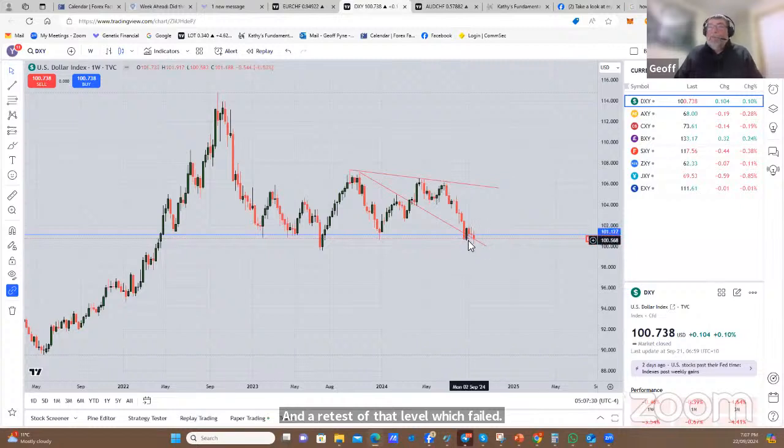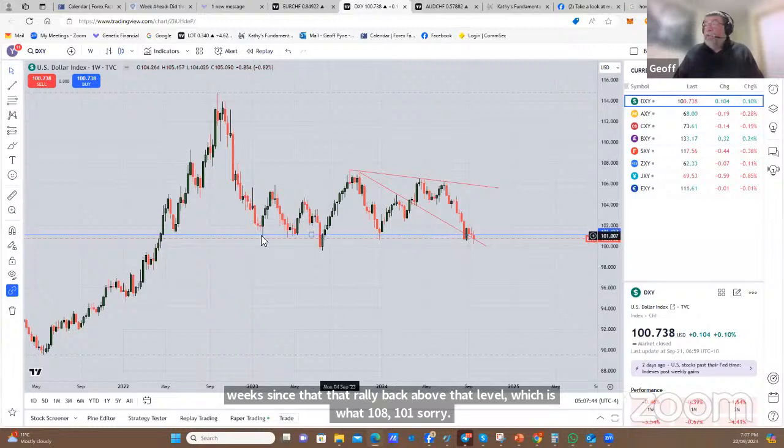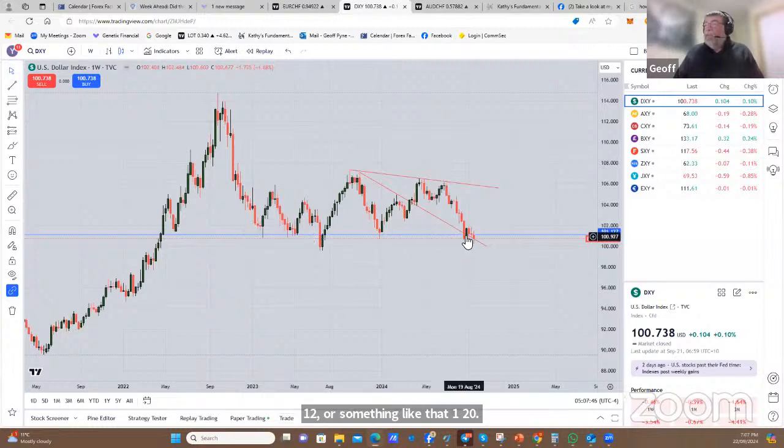It hasn't failed strongly, however, because you can see the 3 weeks since that rally back above that level, which is 101.12 or something like that, 101.20 as I've got it. I think that's roundabout the level. It's a bit of a cloud of price. But the 3 weeks since that happened haven't really been conclusive, in my humble opinion.